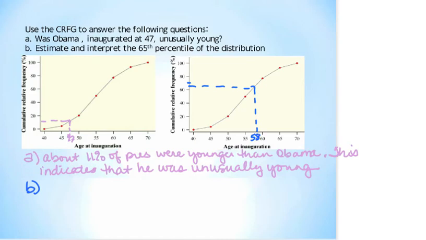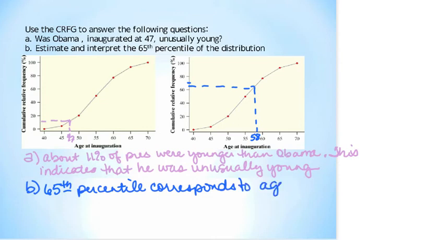So that means that the 65th percentile corresponds to age 58. So 65% of U.S. presidents were younger than 58 at the age of inauguration.